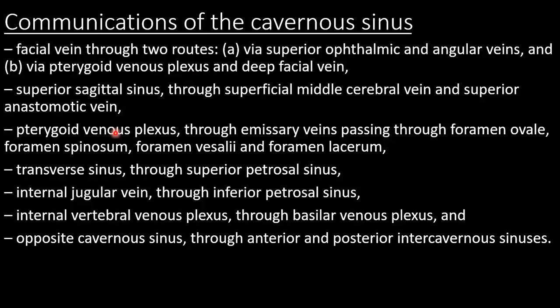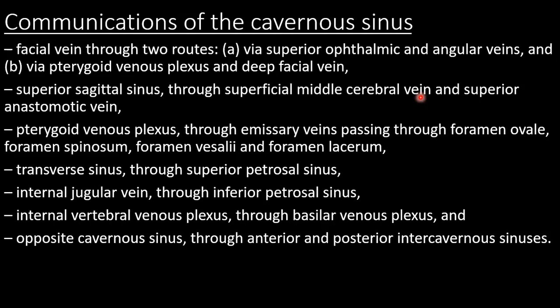Okay. Also, it can communicate with the superior sagittal sinus through the superficial middle cerebral vein and the superior anastomotic vein of Trolard. Okay, so the superior sagittal sinus via the superior anastomotic vein will drain into the superficial middle cerebral vein, and the superficial middle cerebral vein will eventually drain into the cavernous sinus.